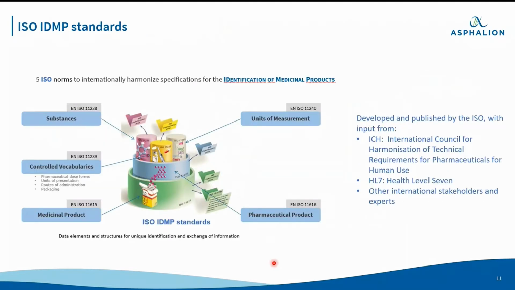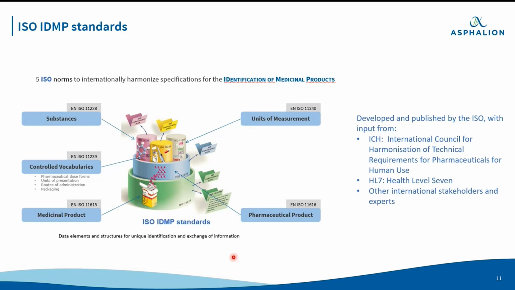So now, if we move to what these standards are, there are 5 different ISO norms, whose goal is to internationally harmonize the specification for the identification of medicinal products. These 5 ISO norms were developed and published by ISO, but also with the input of the ICH, the HL7, and other international stakeholders and experts.